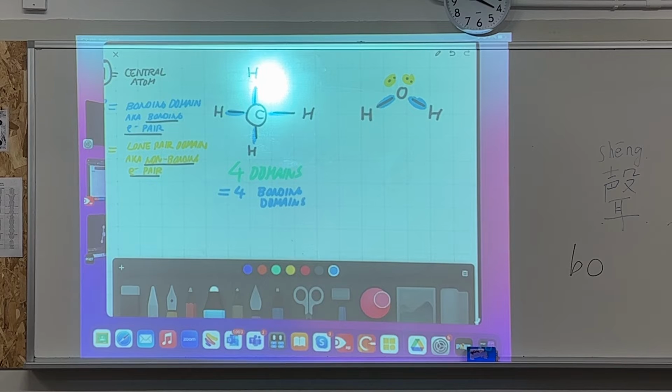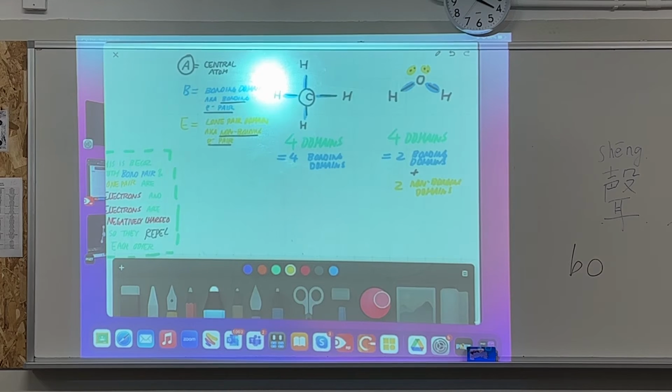And on the right, you also have 4 domains, but of these 4 domains, 2 are bonding domains and 2 are non-bonding domains. Why do we have to distinguish between bonding and non-bonding domains?